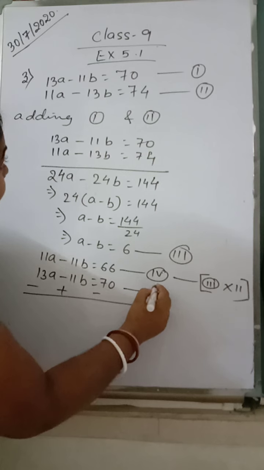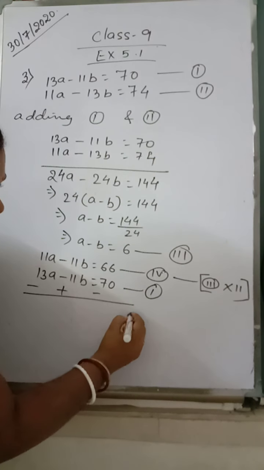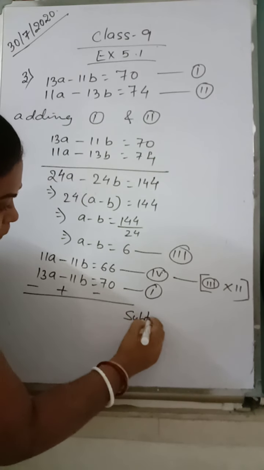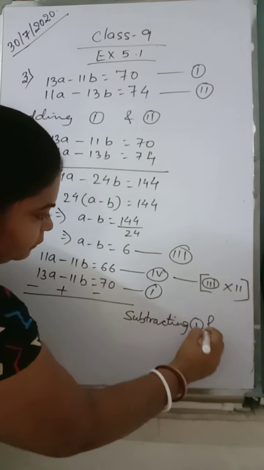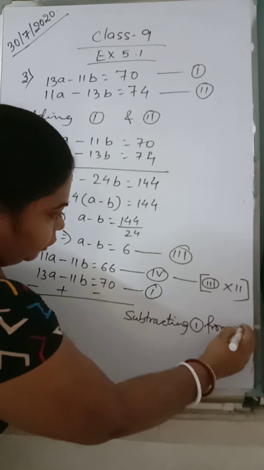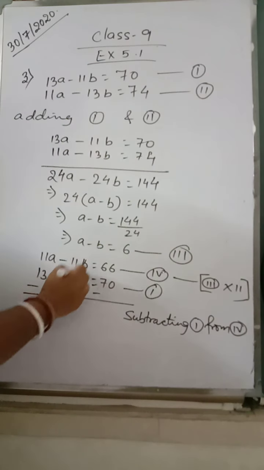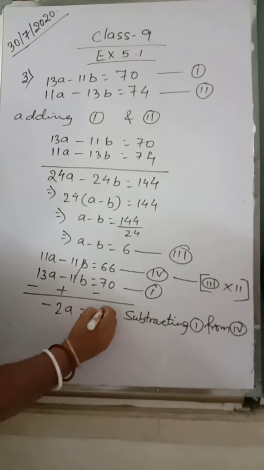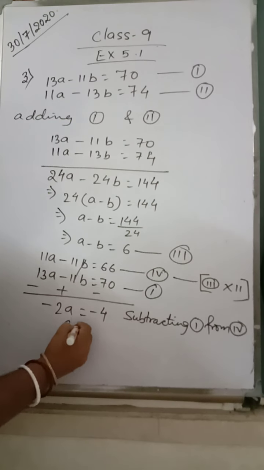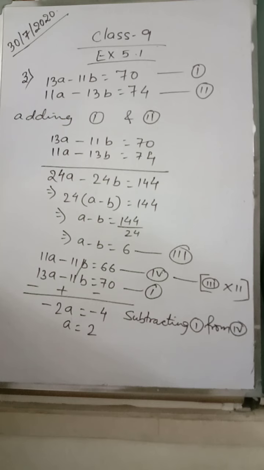This is equation number 1. Subtracting 1 from 4 to eliminate it. Now this 11b is cancelled. I am left with minus 2a is equal to minus 4, or a is equal to 2.